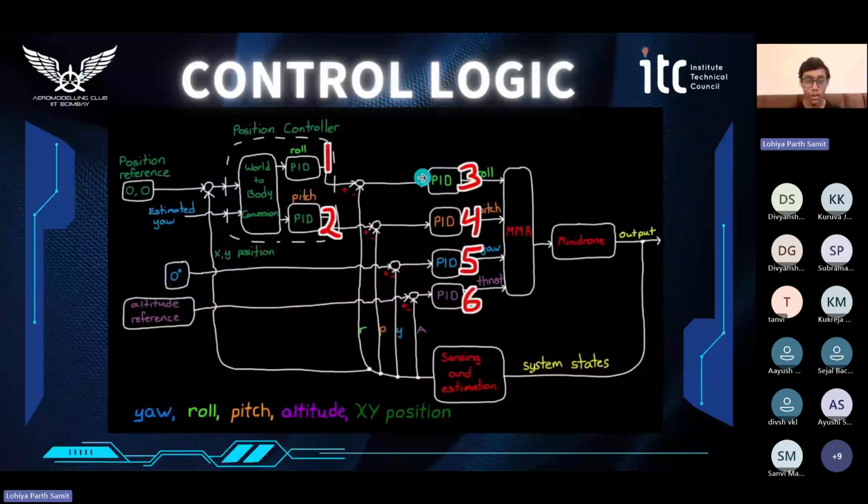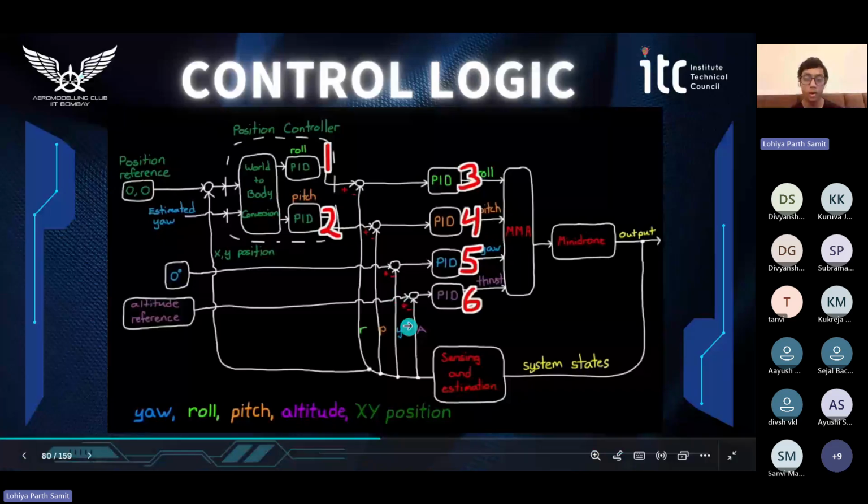Using 6 PID controllers, the pitch, roll, yaw, and thrust inputs, we can put them into the motor mixing algorithm, that is MMA, that gives controller motor inputs to the mini drone, which are then sensed again and fed back into the PID system to form a closed loop feedback control system.